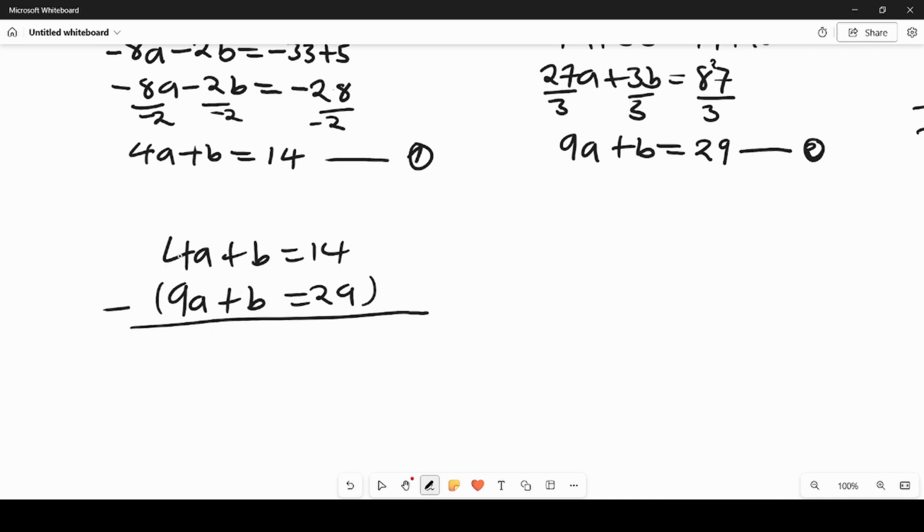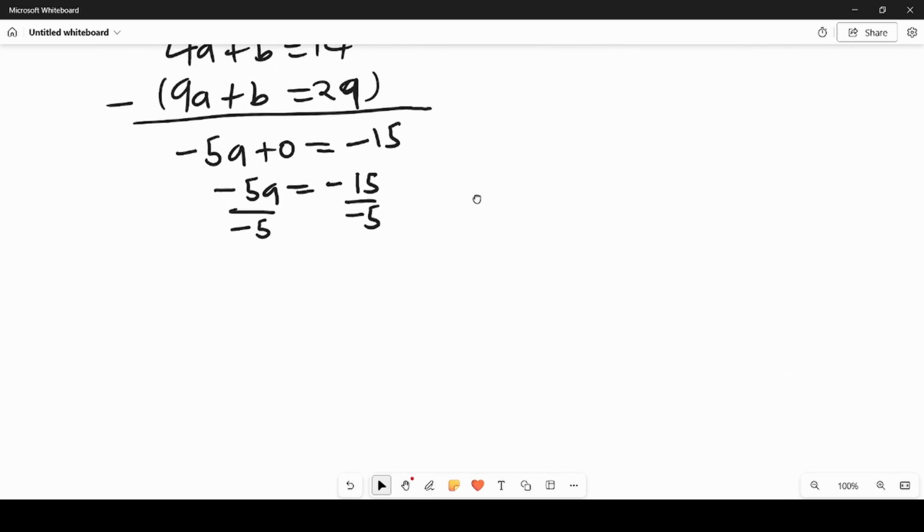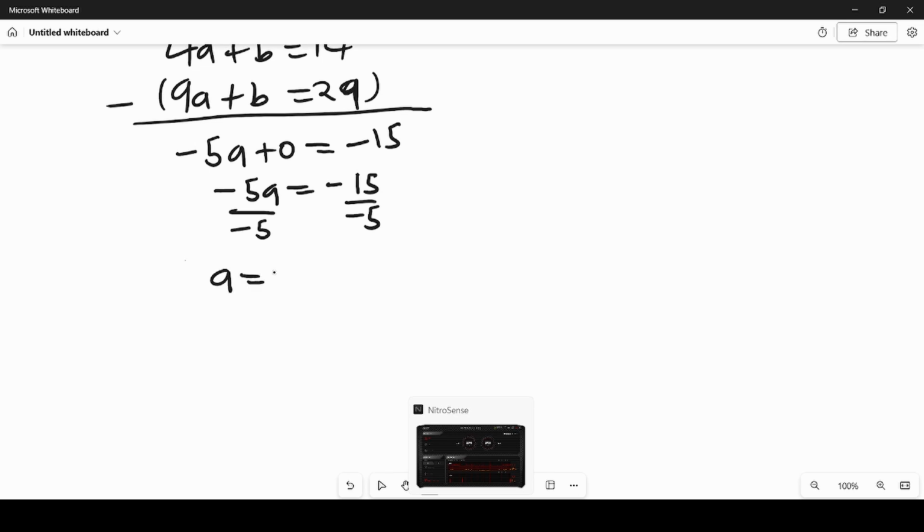So 4 minus 9 gives negative 5a, b minus b is 0, equal to 14 minus 29, which is minus 15. So minus 5a is equal to minus 15. Then divide by minus 5. When you do that, you get a equal to 3.